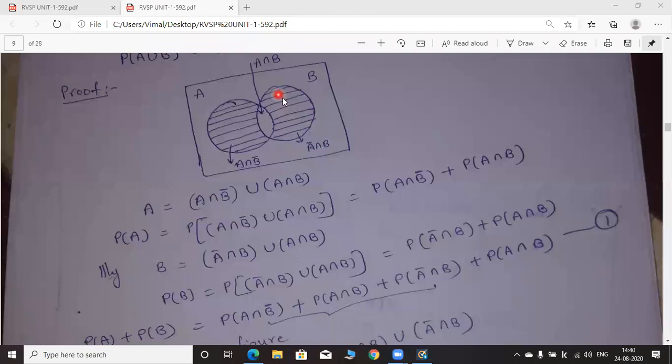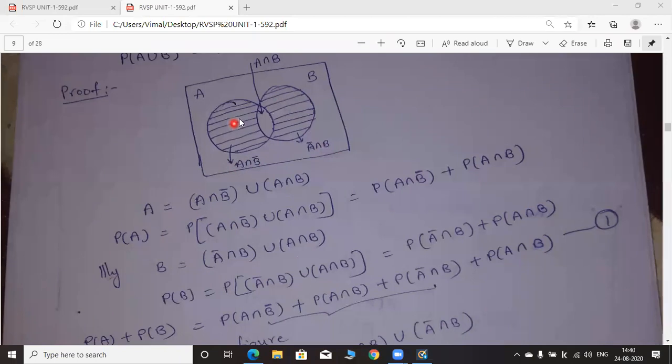In the second circle, this shaded area can be written as A bar intersection B. A intersection B bar is also called A minus B. A bar intersection B is also called B minus A, according to the difference of sets concept.